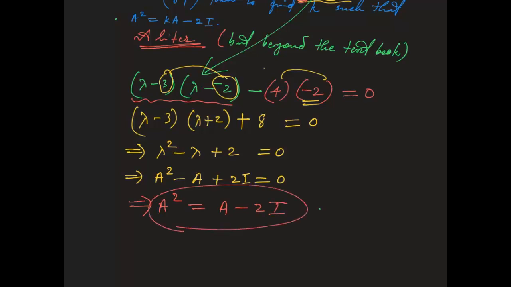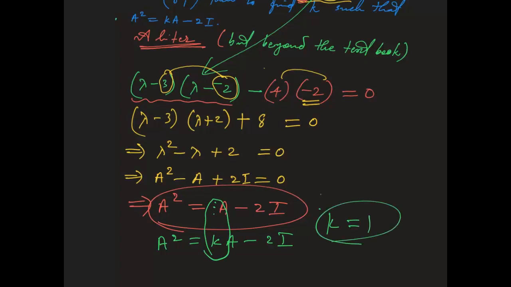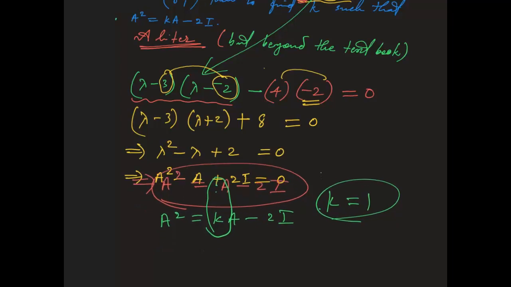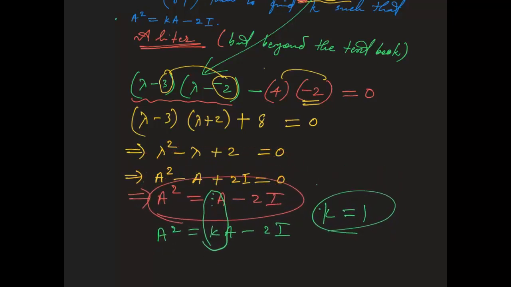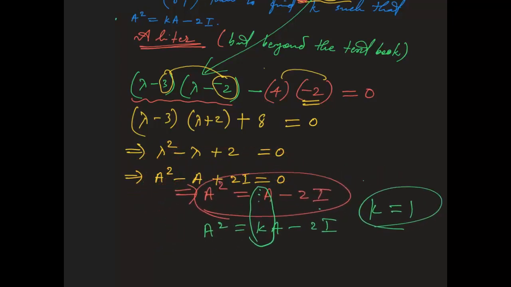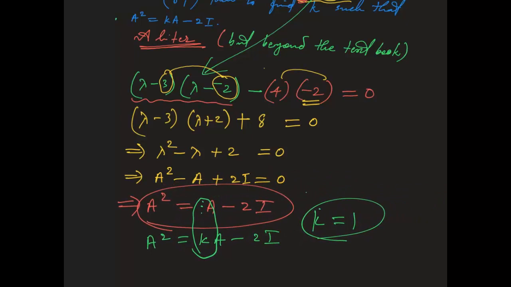Then compare this equation with the given equation, A square is equal to kA plus 2I. Therefore here it should be 1. So k should be 1. Comparing these two equations, k is equal to 1, that's all.